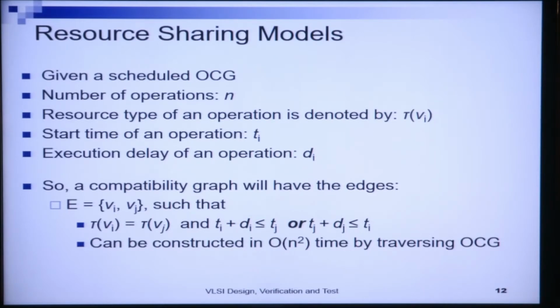For all those operations, if this constraint is true, I can put an edge between these two operations in the compatibility graph. Through such a traversal of the operation constraints graph, all edges of the compatibility graph can be obtained in O(n²) time, where n is the number of operations in the operation constraints graph.